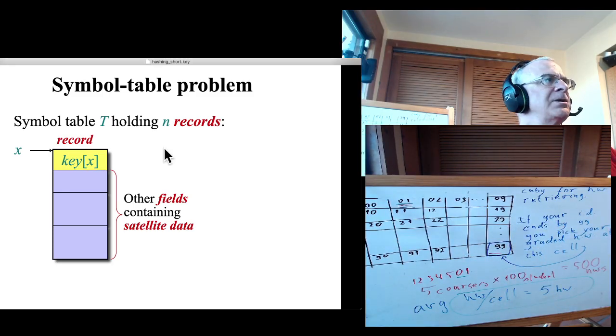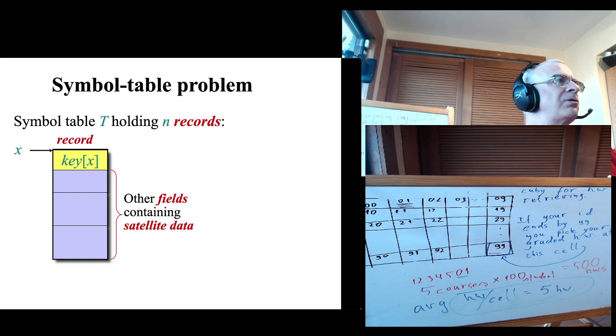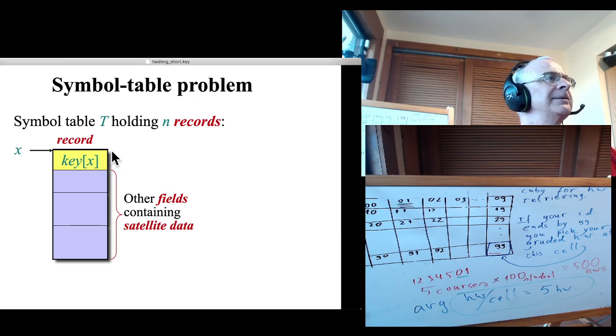Right. So when we are talking about hashing in general, we'll assume that we have items of data, records, and in every record we have the key and some auxiliary data, satellite data, everything else that goes with the keys.